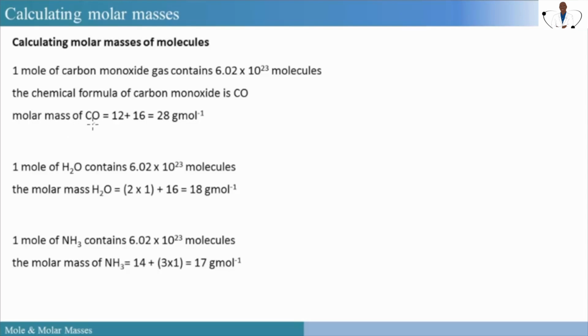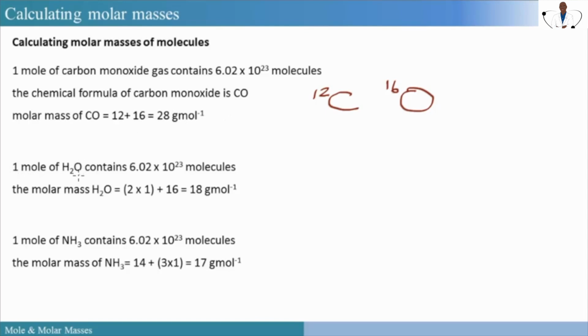So, for 1 mole of carbon monoxide, we are going to use the mass numbers to calculate the molar masses. In the periodic table, you'll see carbon having a mass number of 12, and oxygen having a mass number of 16. Adding these, 12 for carbon, 16 for oxygen, you would get a mass of 28 grams per mole.